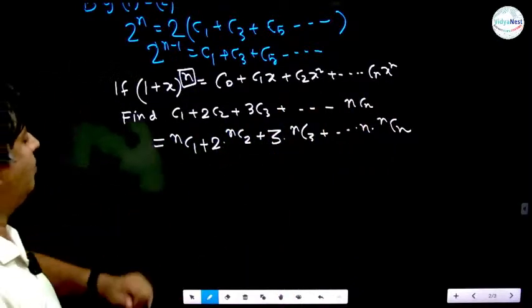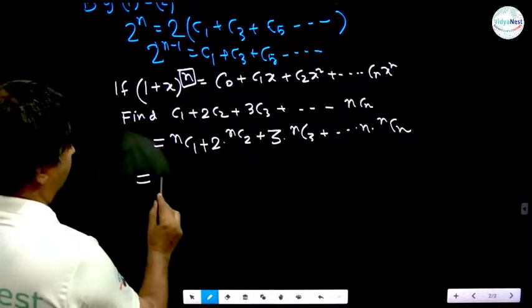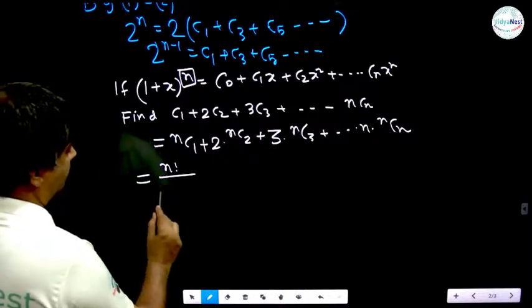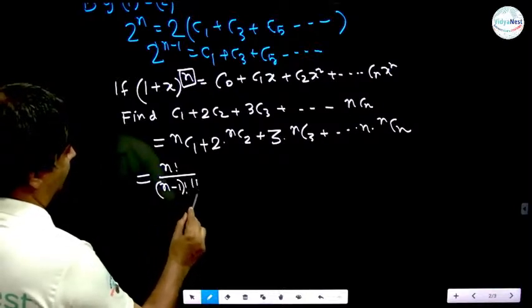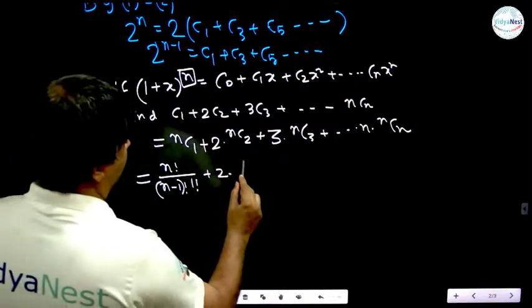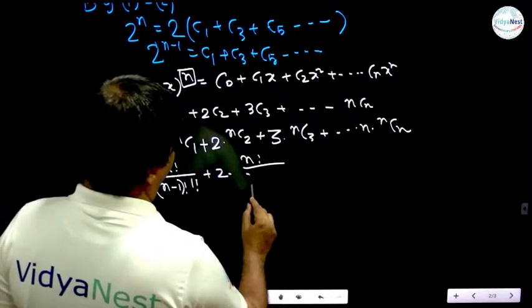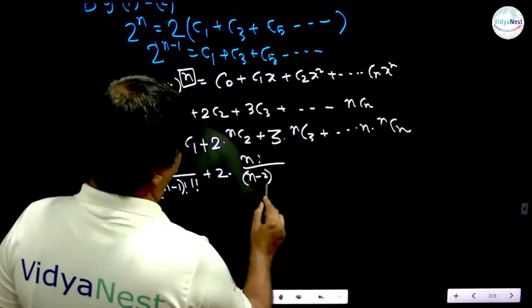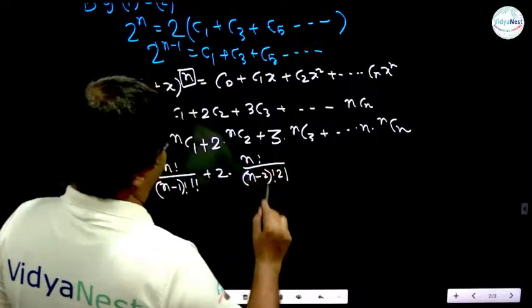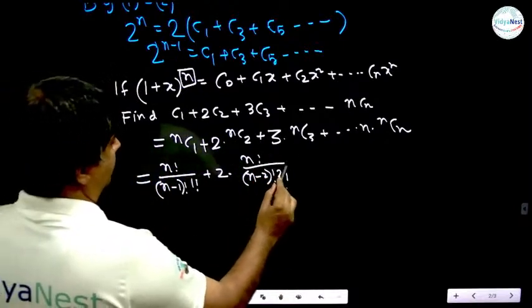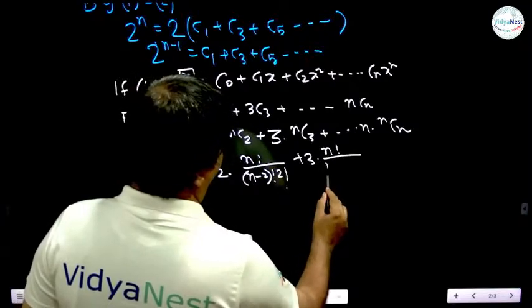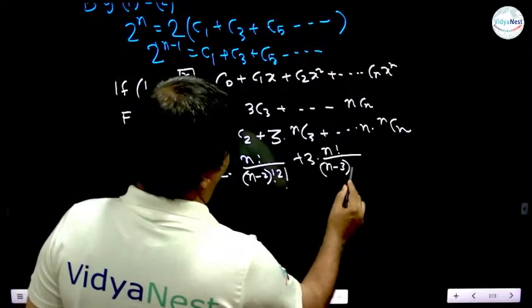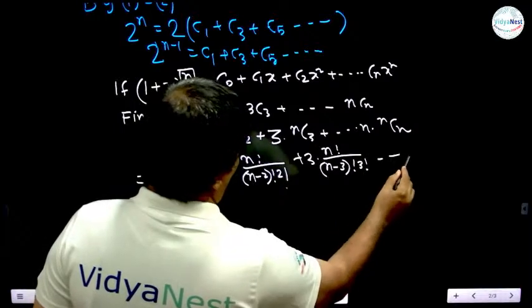Now nC1 means what? With the formula you go n minus 1 factorial into factorial 1, plus twice n minus 2 factorial into factorial 2, plus thrice n minus 3 factorial into factorial 3.